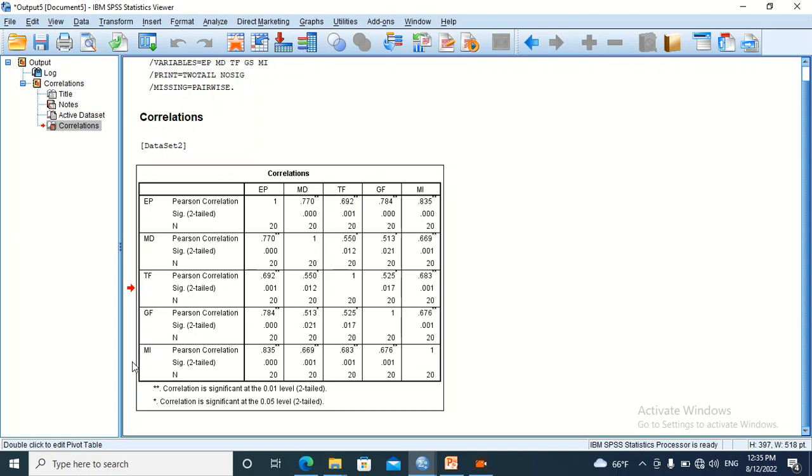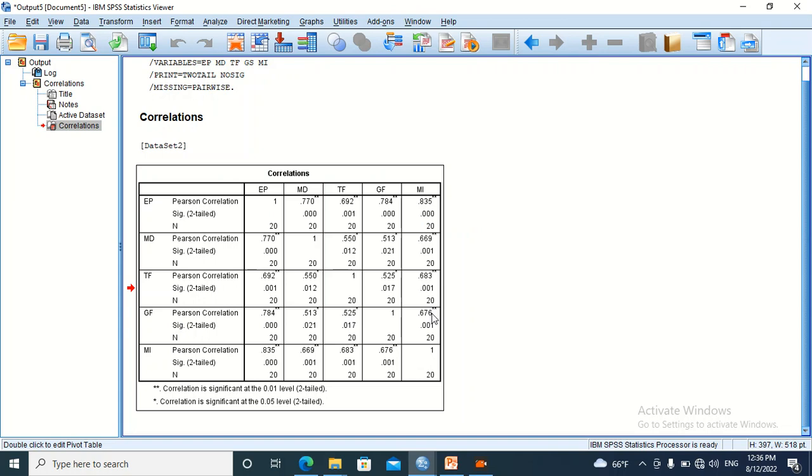Then MED to MEI is also a strong correlation. TF to MED is 0.50, a strong correlation. And MEI to GF is also a strong correlation.